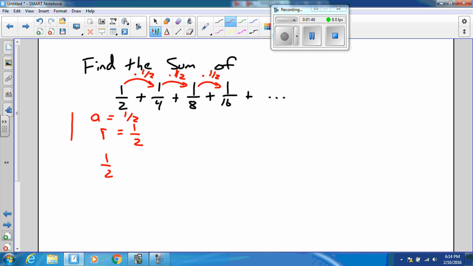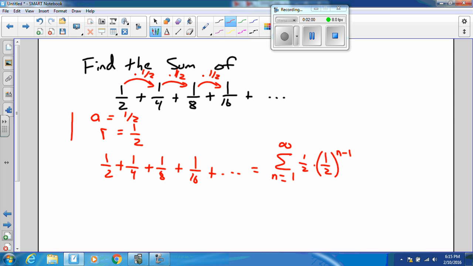So I can take my sum and rewrite it as the sum from n equals 1 to infinity of 1/2 times 1/2 to the n minus 1. If you feel the compulsion to simplify, we could also write this as the sum from n equals 1 to infinity of 1/2 to the n power.